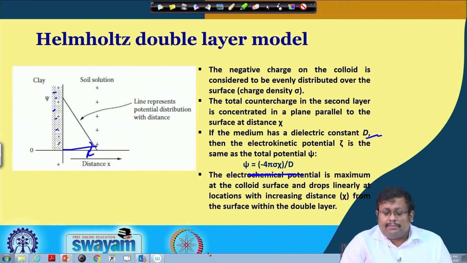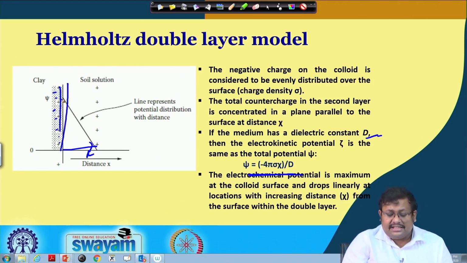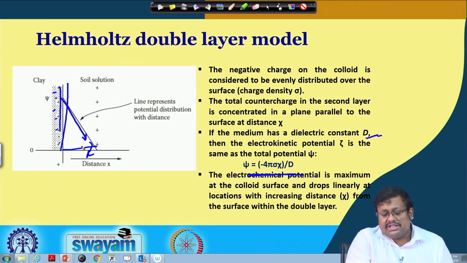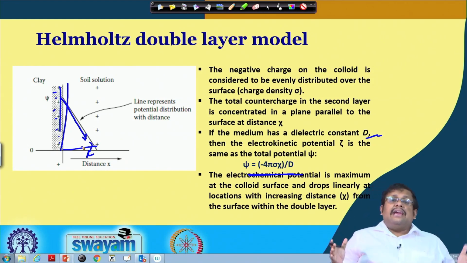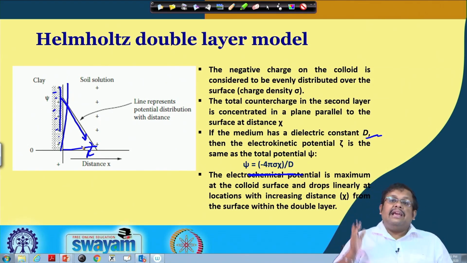Now, the electrochemical potential is maximum at the colloid surface, or the clay surface, and it drops linearly with increasing distance from the surface within the double layer. So, again, in this Helmholtz double layer we assume that the negative charge is evenly distributed on the colloid surface with the charge density of sigma, and the total counter charge in the second layer is concentrated in a plane parallel to the colloid surface at a distance x.